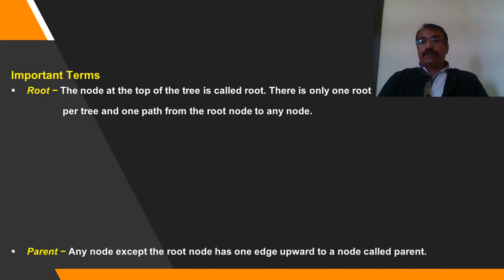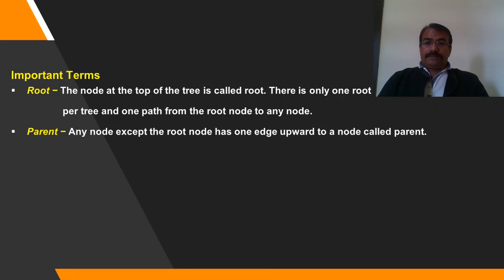Okay. Second is parent. A node, except the root node, which has at least one child, or at least one edge leading from it to another node, is called a parent node. One link or one edge leading from that node to any other node makes it a parent.